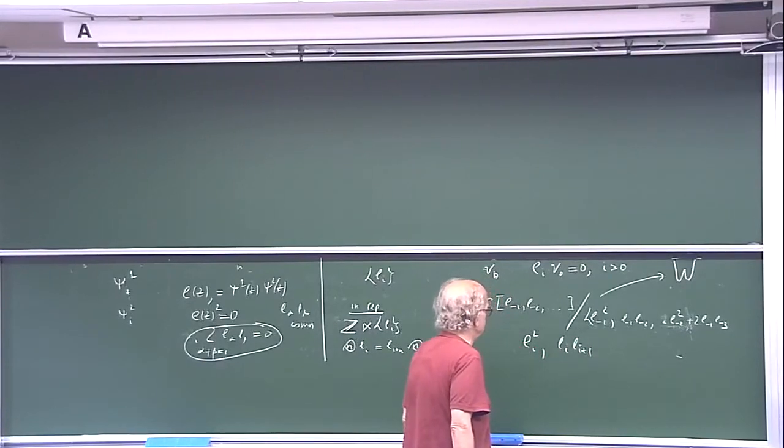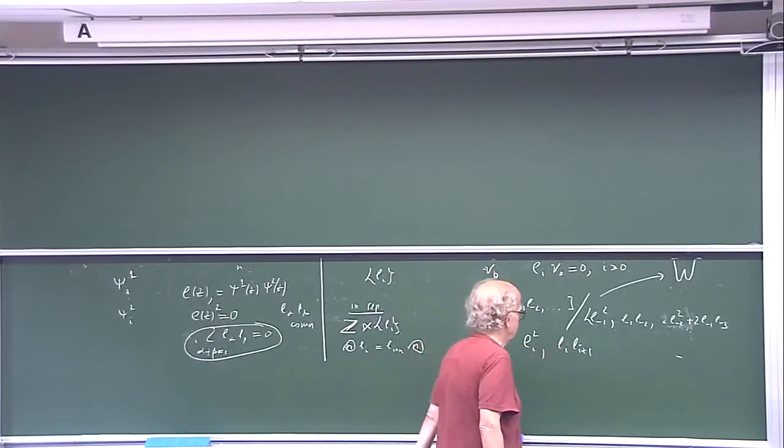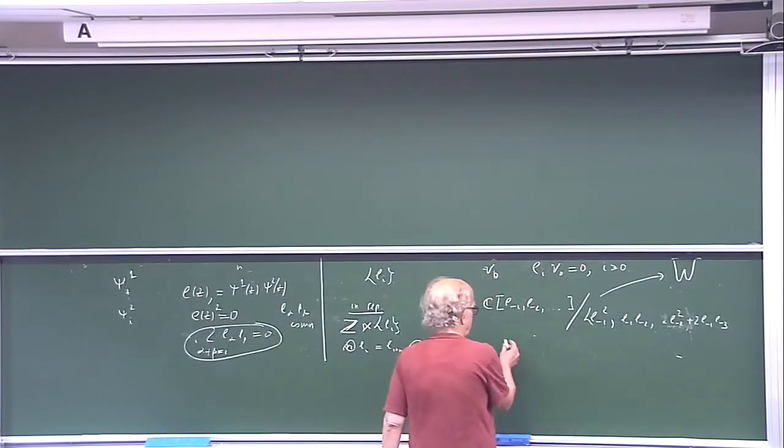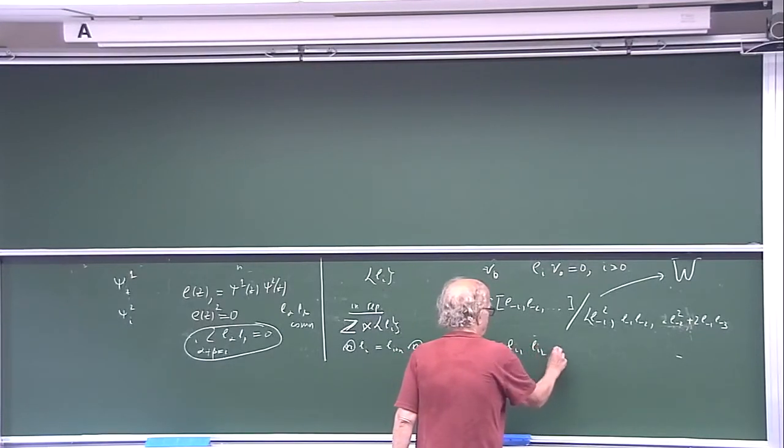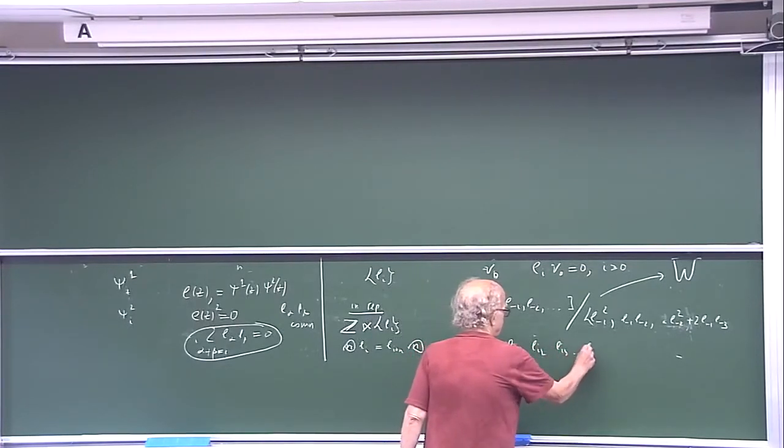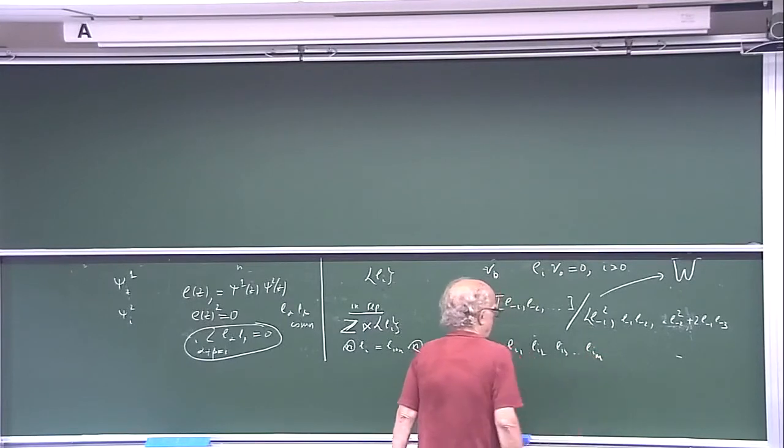Therefore, I can remove from a monomial such terms, and at least from that it is easy to see that monomials E_{i1}, E_{i2}, E_{i3}, and so on, E_{im}.